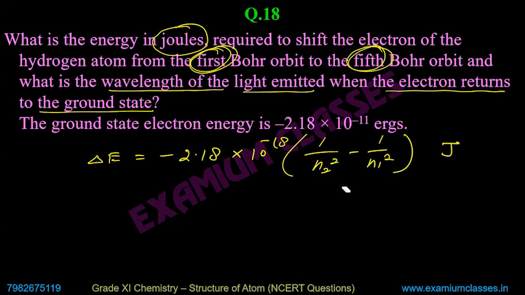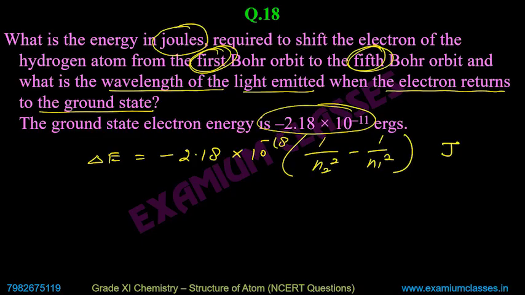But why do I advise to use this formula? The formula will be slightly different, I'll tell you why. In such types of questions, why should minus be used? Because the energy, when we talk about energy, is negative.